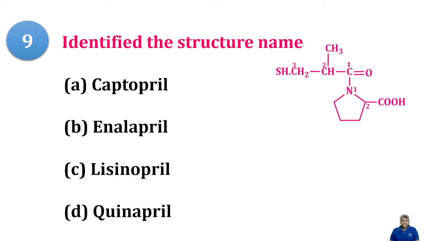So identify the structure name. We have a typical structure, and you can see the options: captopril, enalapril, lisinopril, and quinapril. All four drugs are ACE inhibitors, drugs for hypertension. Angioedema and dry cough are the side effects of these drugs.